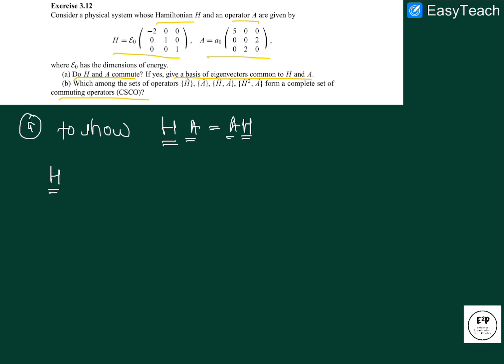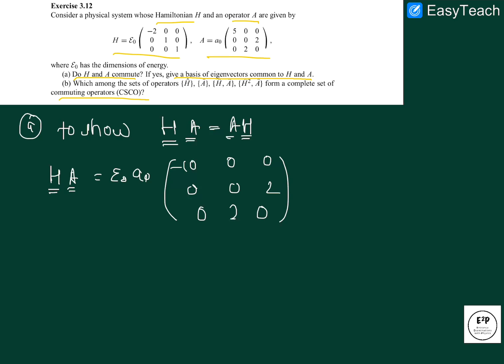The matrix multiplication of HA is nothing but epsilon A naught, minus 1 0 0, 0 0 2, 0 2 0. I had a mistake over here, it was 2.